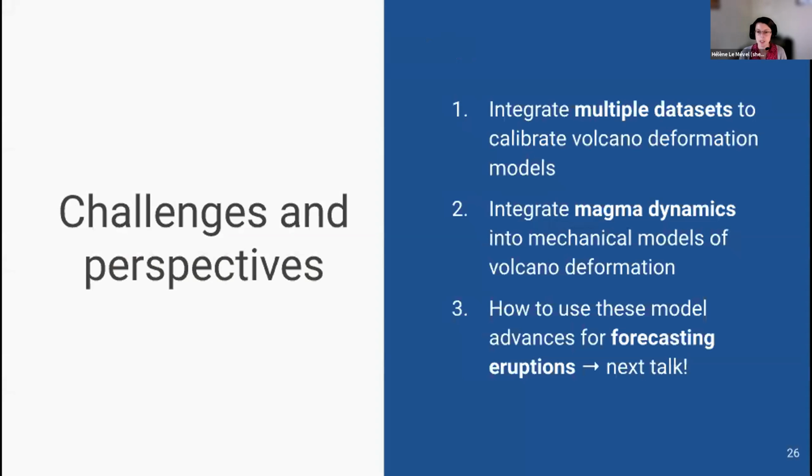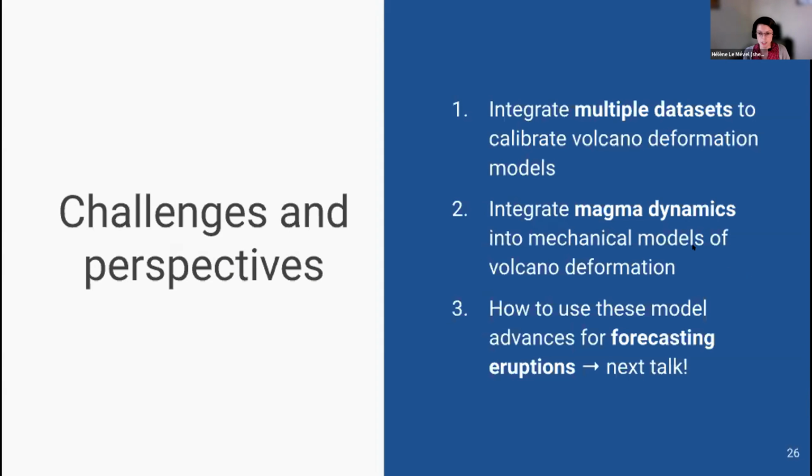If we summarize the main challenges for modeling volcano deformation: first, we need more studies that integrate multiple geophysical and geochemical data sets to calibrate the models of volcano deformation. These will help us discriminate between driving mechanisms that we wouldn't be able to distinguish based only on their geodetic response.